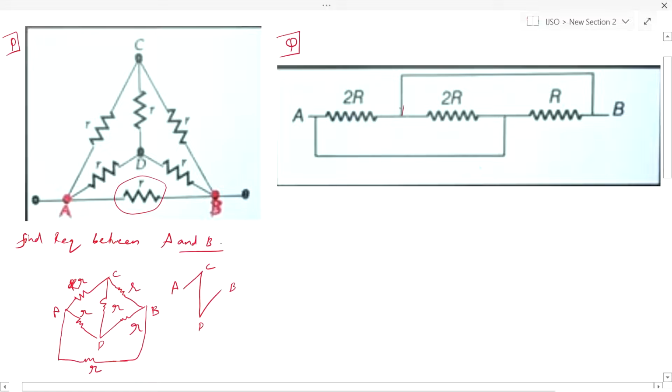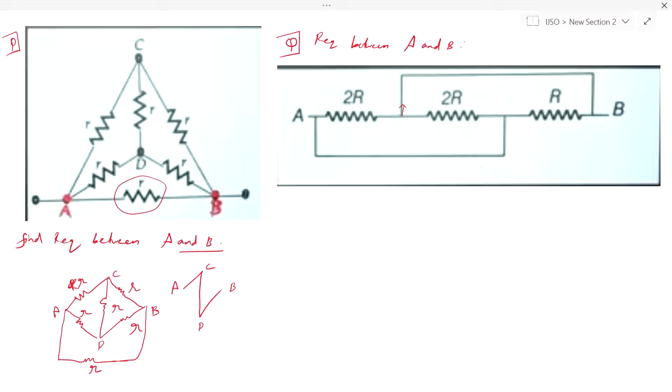Here there is a branching. Okay. R by 2 again. R by 2.